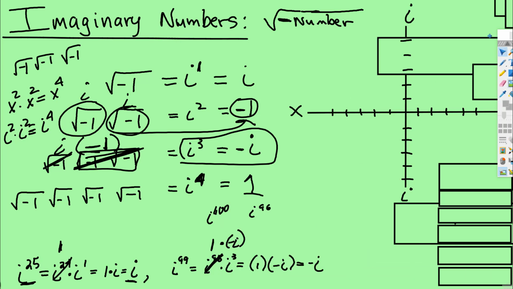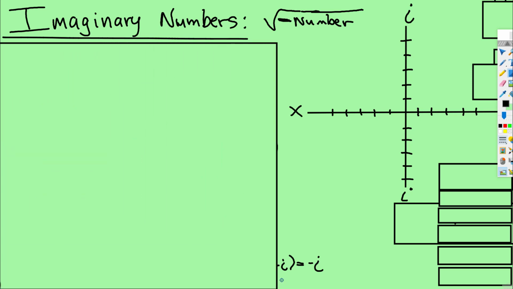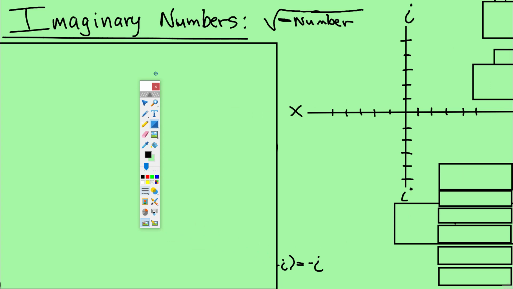All right. So that's how you use i to the 1st, i squared, i cubed, and i to the 4th to simplify numbers. But if you are working with vectors and you are going to graph this stuff, here is the example. It looks like a regular coordinate plane, but instead of the y-axis being y, we're going to call that the imaginary axis.